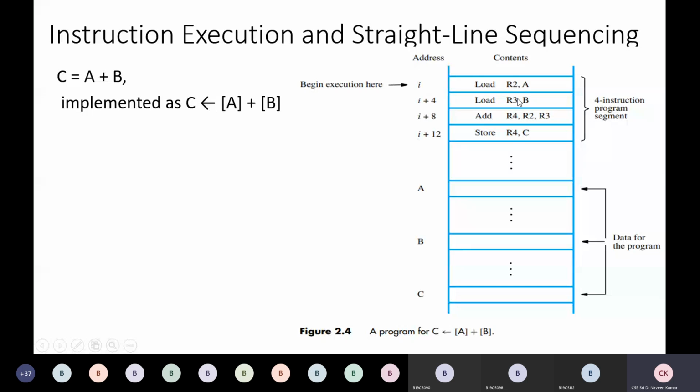What is that? We already discussed this in the last class. If you already got this theoretical part in the last class, let's answer this one. Based on I plus 4, I plus 8, what is the length of this word in bytes?